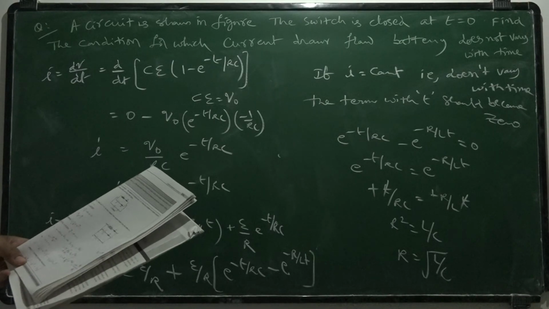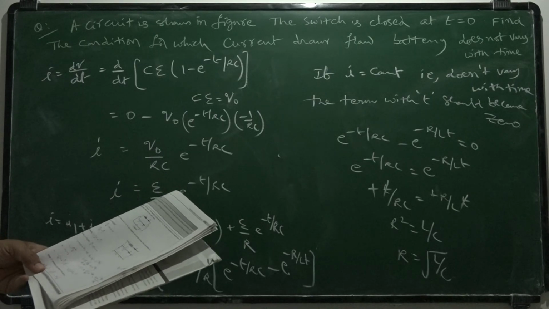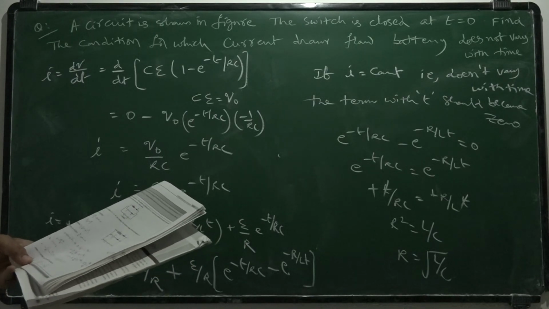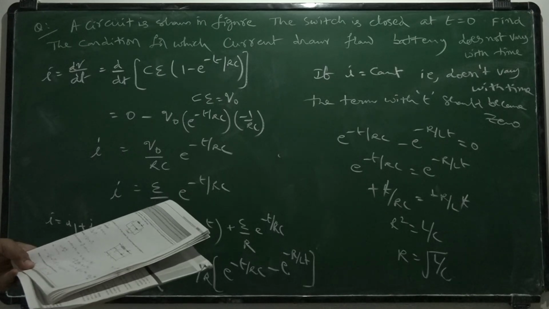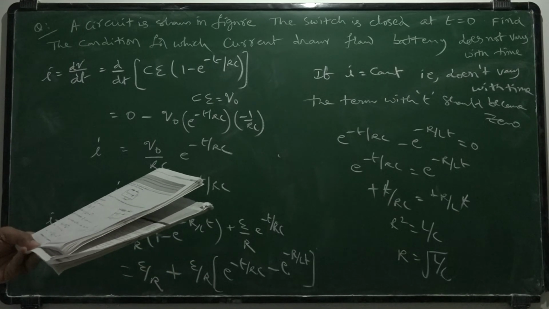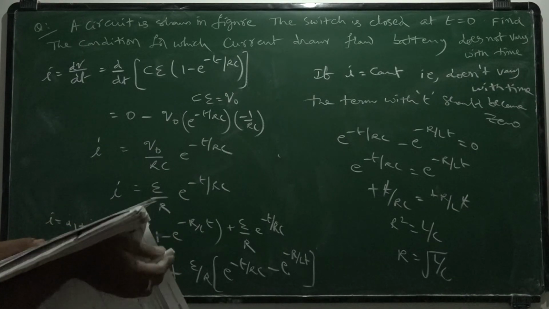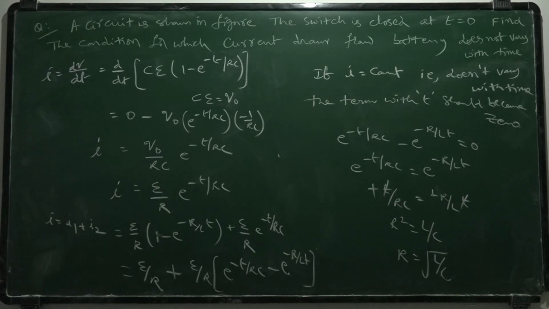This is the condition for the current to become constant. Current should not vary with respect to time means you should select the combination of R, L and C as per the equation: R is equal to square root of L by C. This is the solution for the given question. I hope everybody followed.